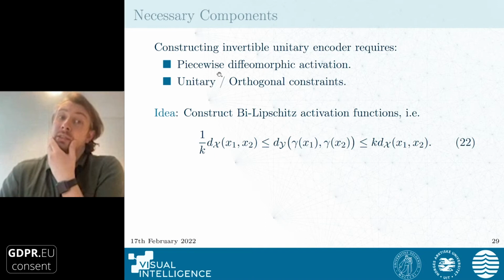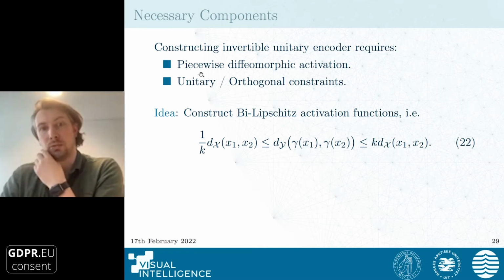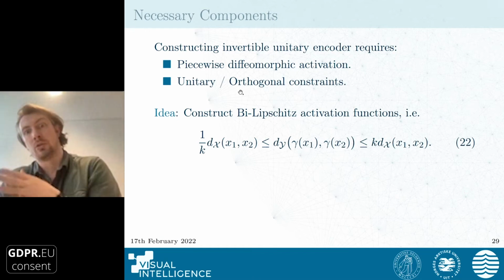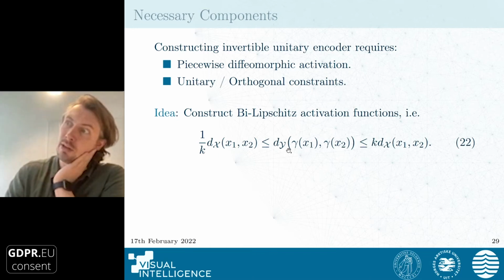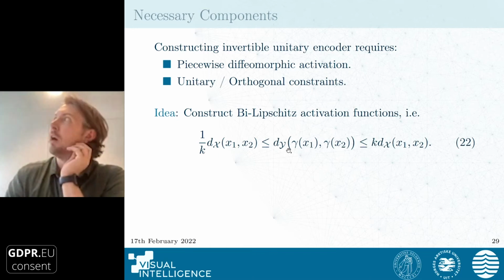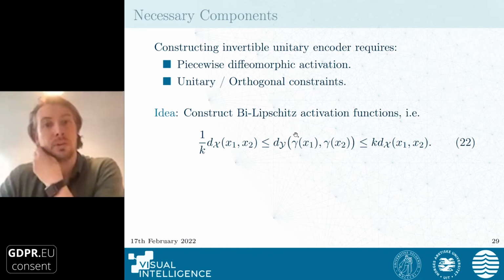The necessary components for constructing these unitary encoders are piecewise diffeomorphic activations and unitary or orthogonal constraints on the weights. The activation is the simplest problem to solve. There are certain piecewise diffeomorphic activations already.